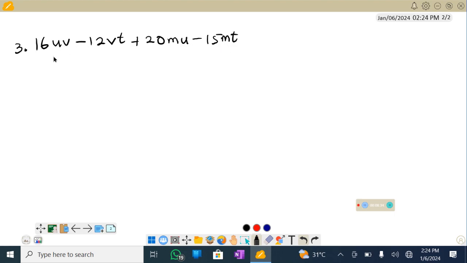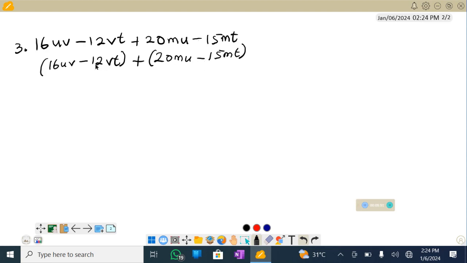Okay, so when you do that here, you have 16UV minus 12VT plus, open bracket, group these two together. You can see because I have plus, the sign at the middle of that bracket there remains the same. So because I have this plus, this is minus and it will remain minus.